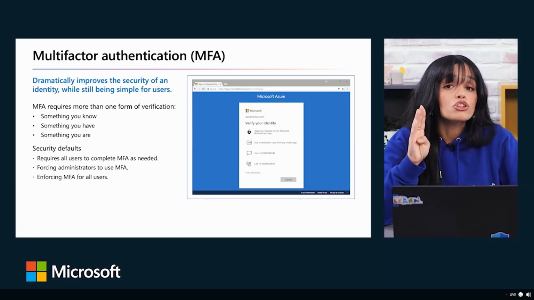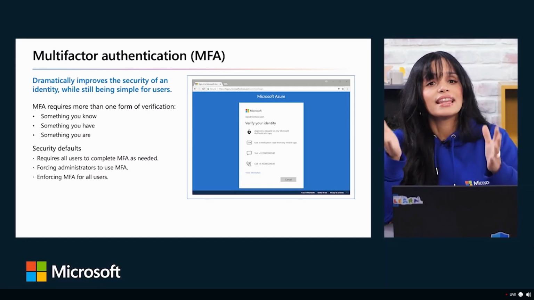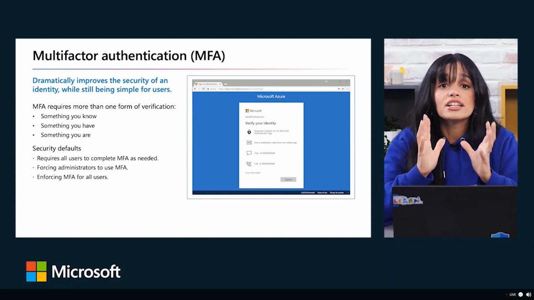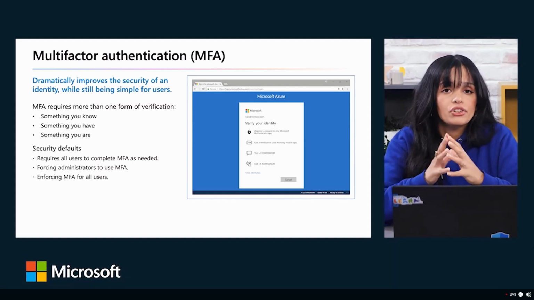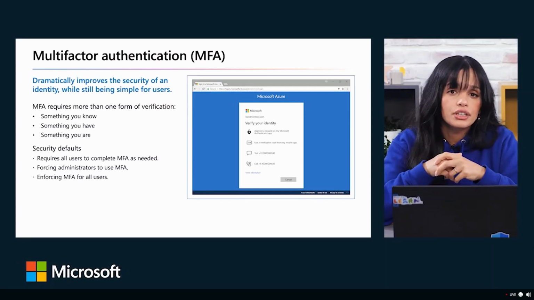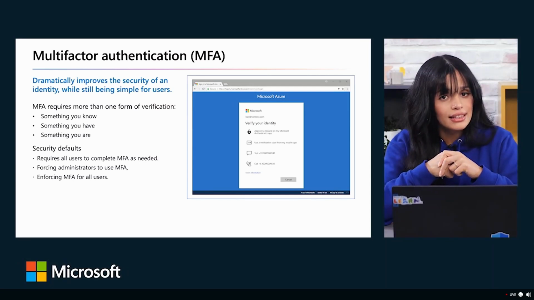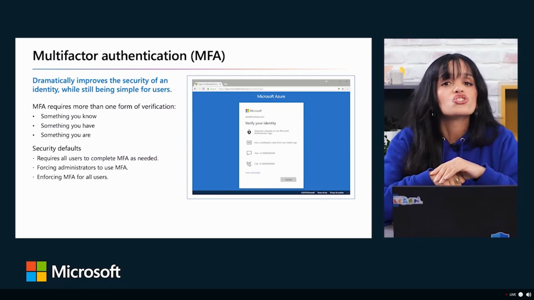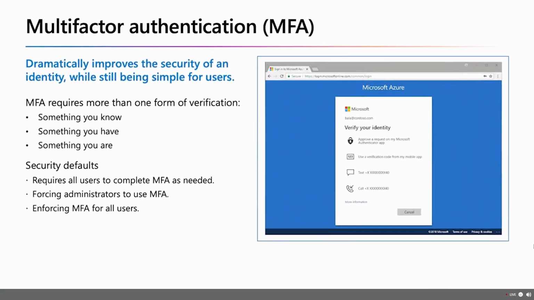Finally, we want to ensure that we have something that they are. Basically, this is identifying an individual using their biometrics, could be voice recognition or facial recognition. So putting those together in a mix will ensure that we have strongly challenged users that are trying to log into a service.